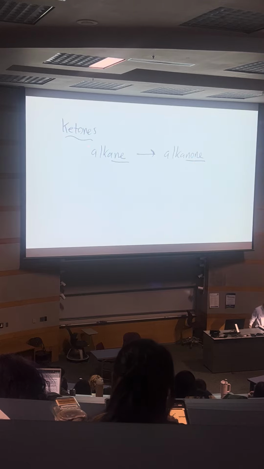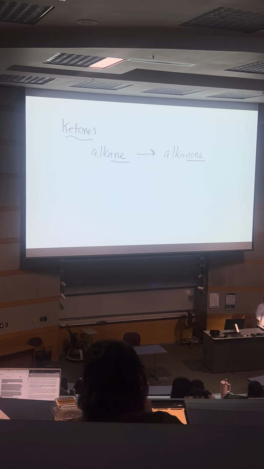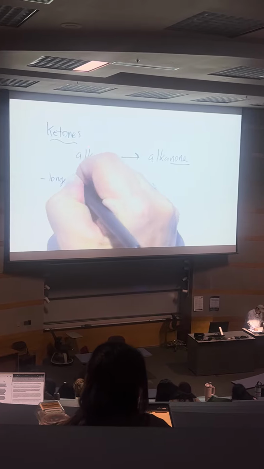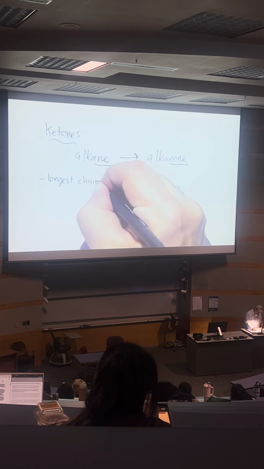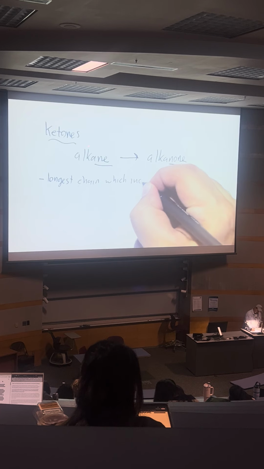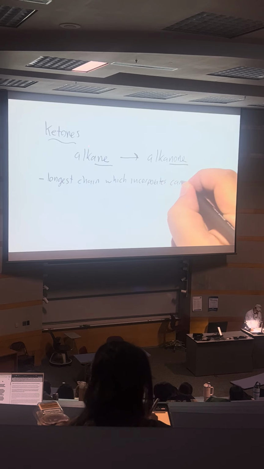So the suffix would go from ane to one. Of course, we say that when we say things like acetone, and it's present in the name ketone, of course. Now, some of the rules are that we're going to be looking for the longest chain which incorporates the carbonyl carbon.